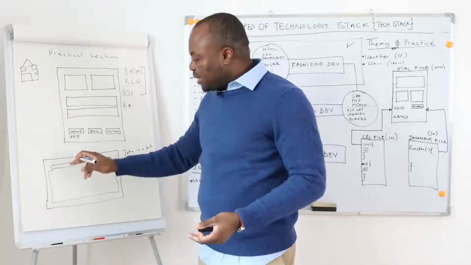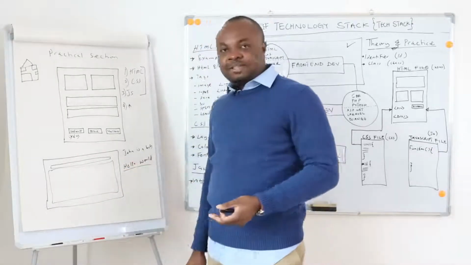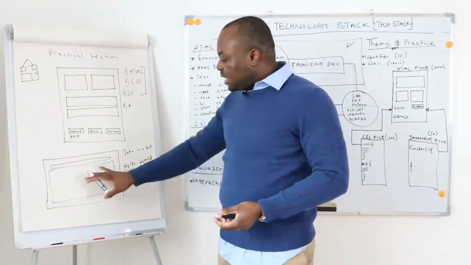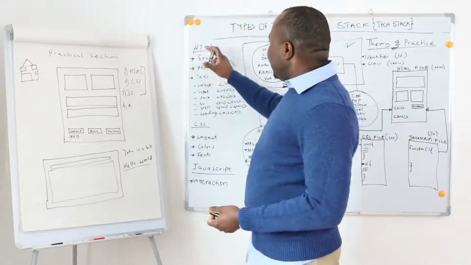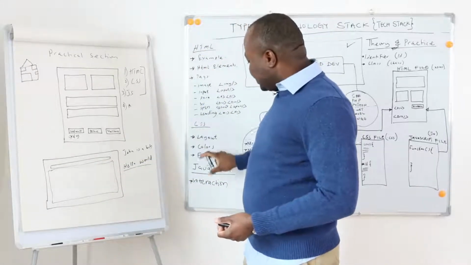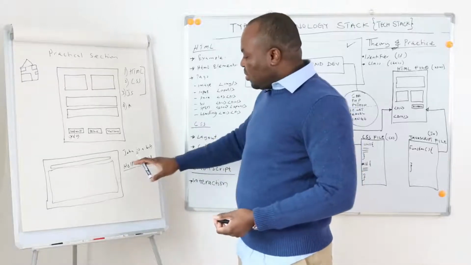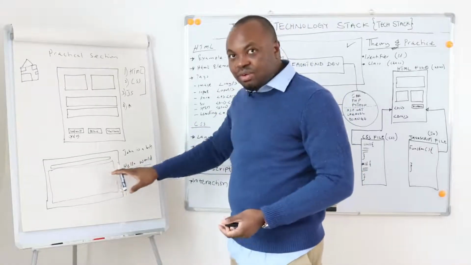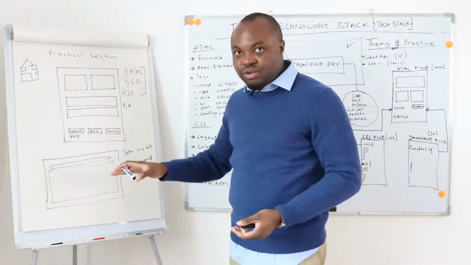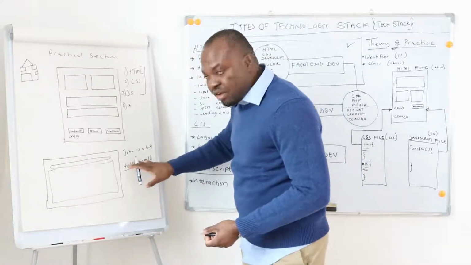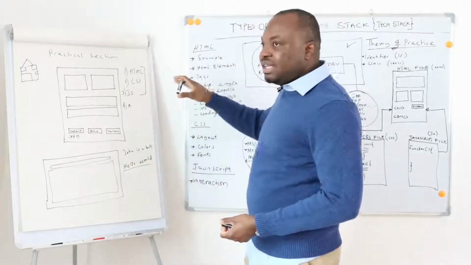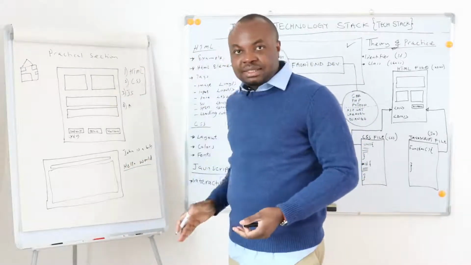The problem is that the browser does not understand this as a sentence. What the browser understands is HTML, CSS, and JavaScript. So if I want to display this to my visitors via the browser, then I will take this piece of information and put it in a format that the browser understands.